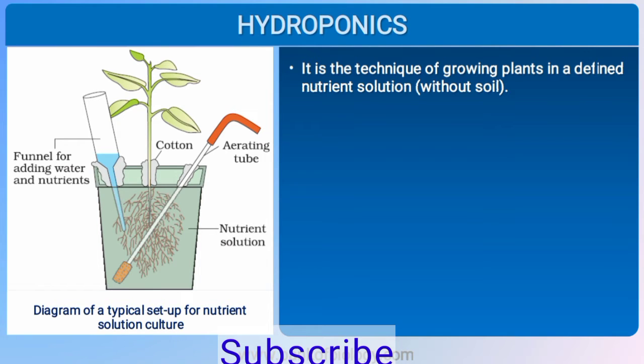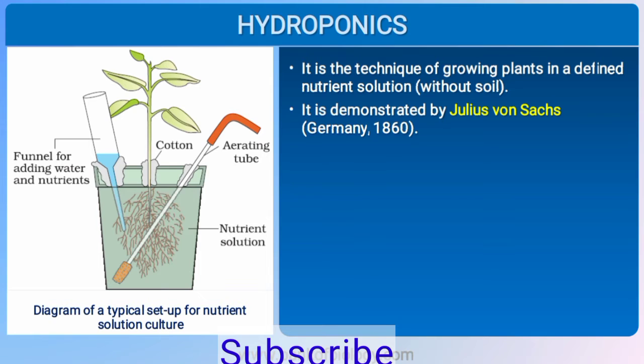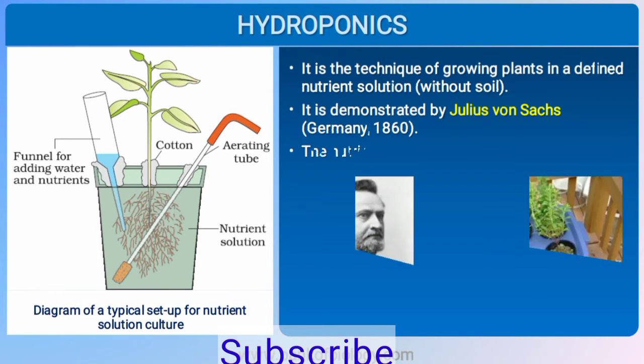A funnel for adding water and nutrients is also added into the bath. Cotton is also plugged in, and an aerating tube for removing air. In the diagram you can see a typical setup for nutrient solution culture. It was demonstrated by Julius von Sachs, a German, in 1860.